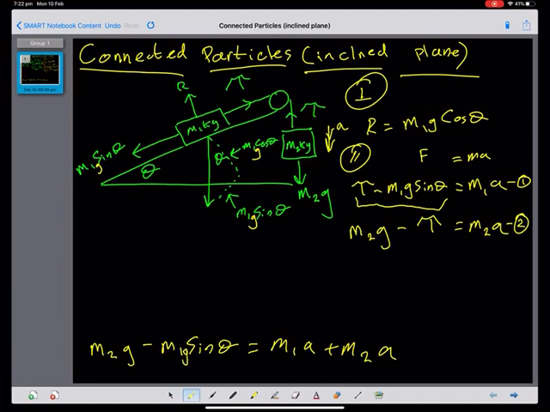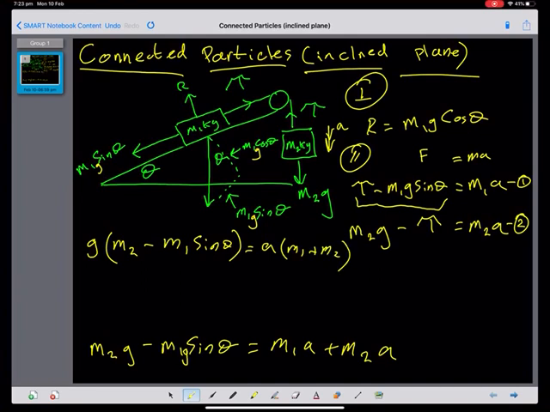Let's begin the factorization. Let's factorize the left-hand side. We've got g(m2 minus m1 sine theta). That's beginning to look like what we're asked to find. And here we've got a(m1 plus m2).